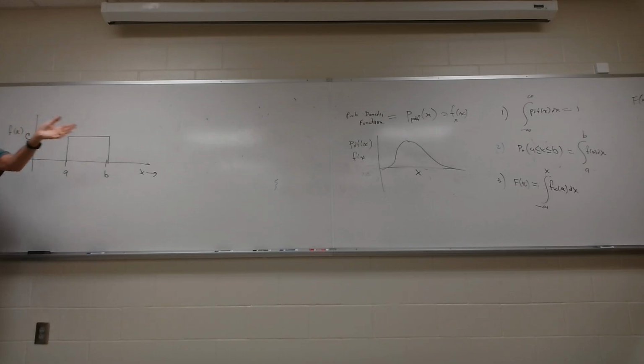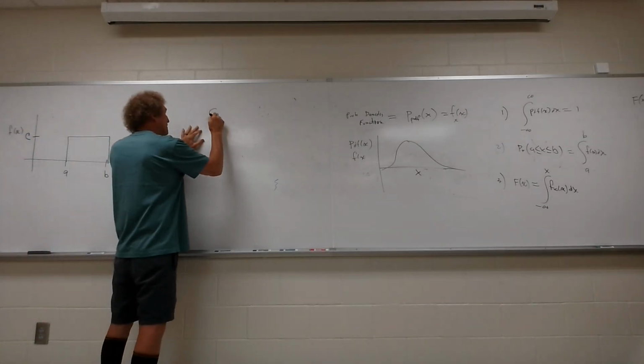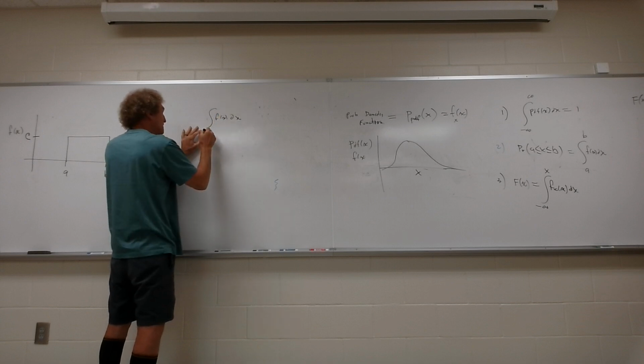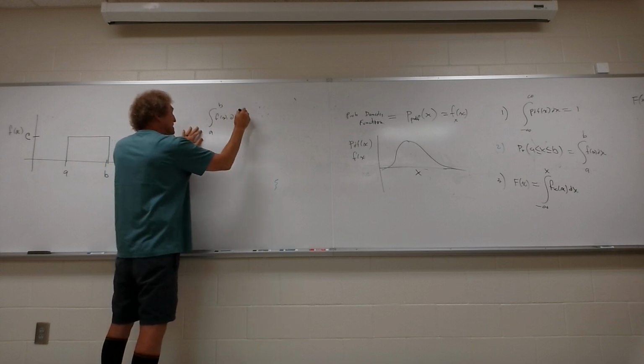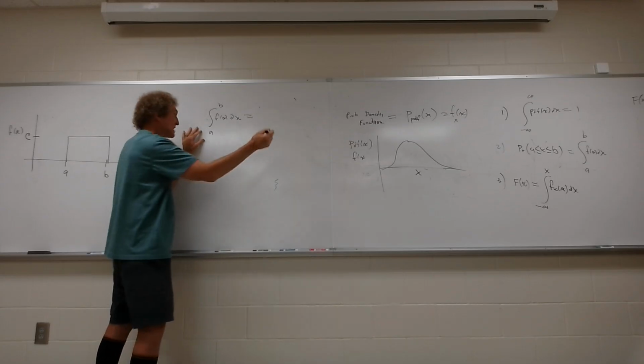So based on what I told you, can you tell me how to calculate C for that one? Everything is abstract, right? It's A, B, no hard numbers. How would you do it? Well, we know one thing. The integral of the probability density function, dx, from minus infinity to infinity, or from A to B, is, class? 1. Has to be 1, right?